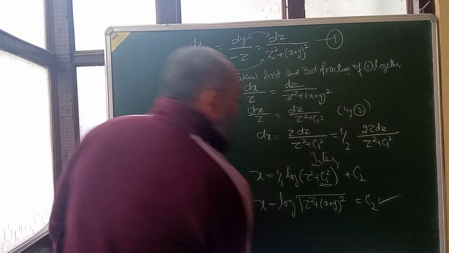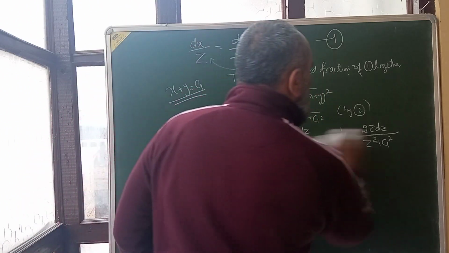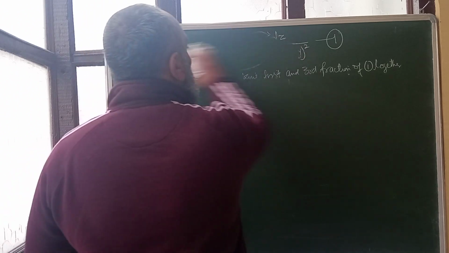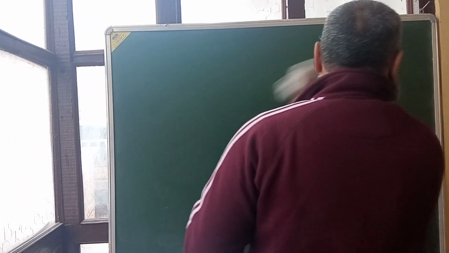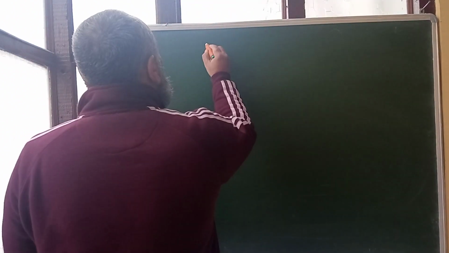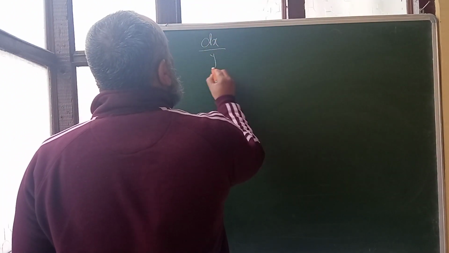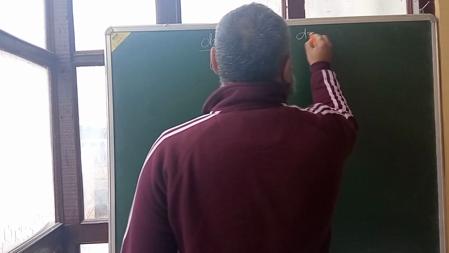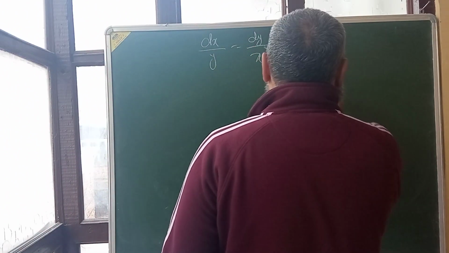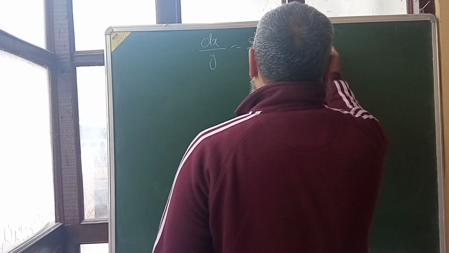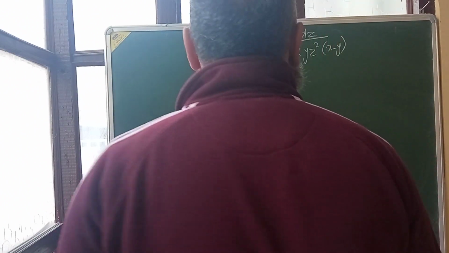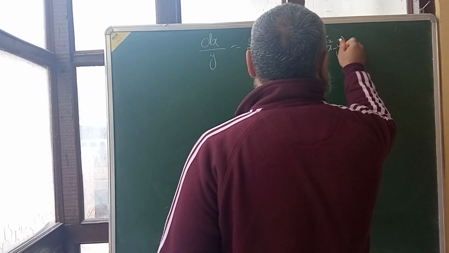Next one. dx upon y, dy by x, dz upon xy square times x square minus y square.